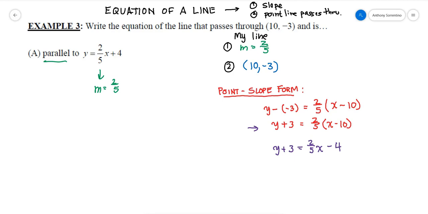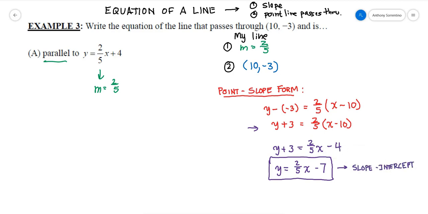And I would subtract 3 from both sides, so y equals 2/5 x minus 7. So this would also be an acceptable answer, except this is slope-intercept.